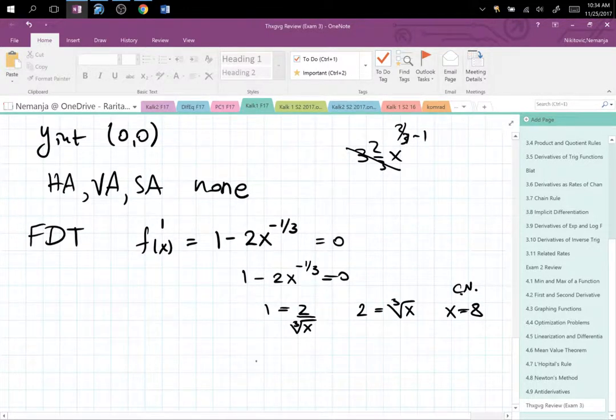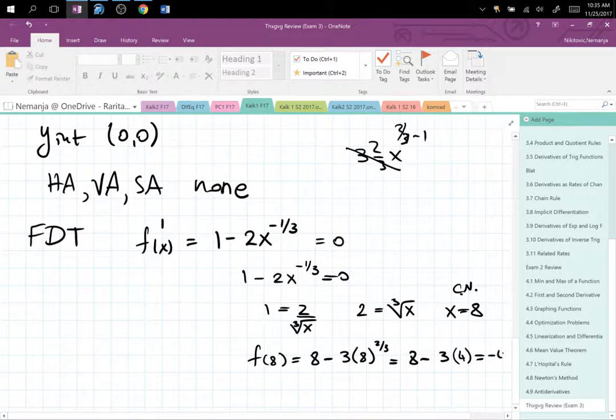You can find a y value for it as 8 minus 3 times 8 to the 2/3, which is 8 minus 3 times cube root of 8 is 2, squared is 4, so the whole thing is negative 4, and we have the critical point at (8, -4).